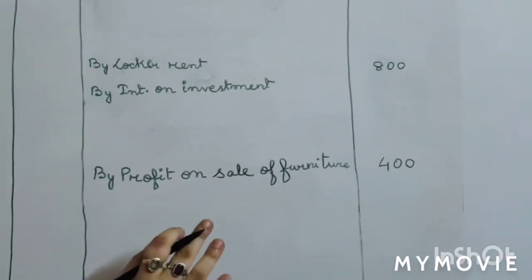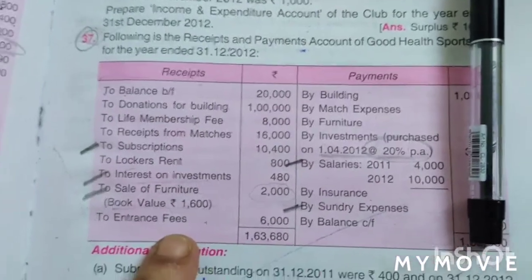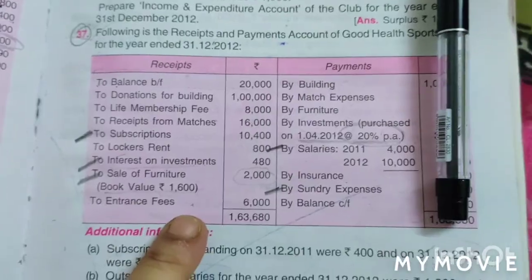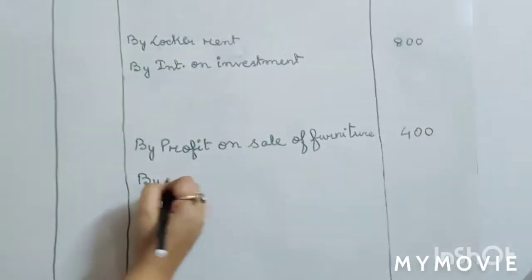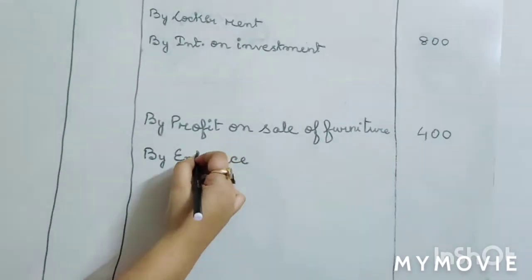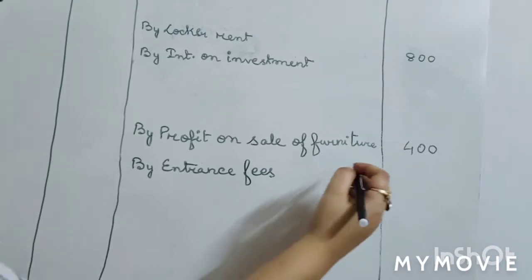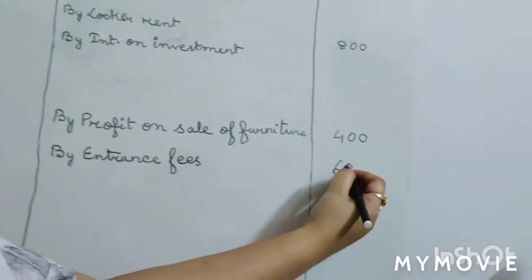Now moving on to the next item, to entrance fee. Now entrance fee is an income. By entrance fee, amount is 6,000.